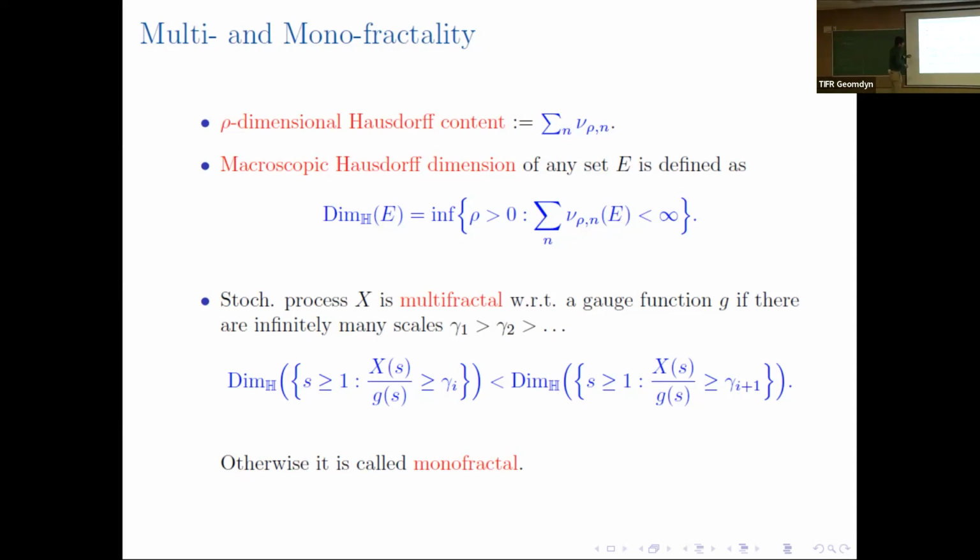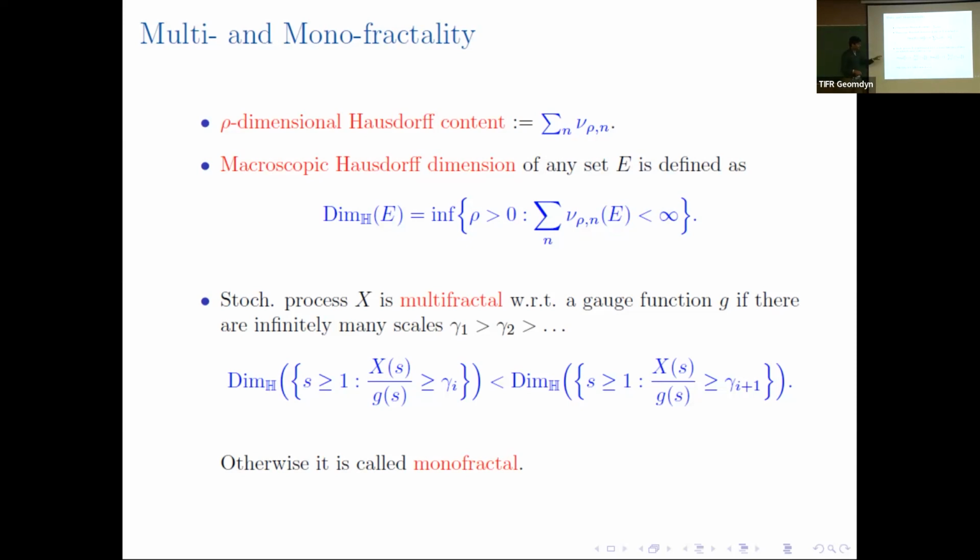Now, a stochastic process is called multifractal with a gauge function g if there are infinitely many possible scales, such that if you look at the fractal dimension and macroscopic Hausdorff dimension of the level sets of the correctly scaled stochastic process, then the fractal dimensions of these level sets would be perfectly ordered, like there would be strict inequalities between them.